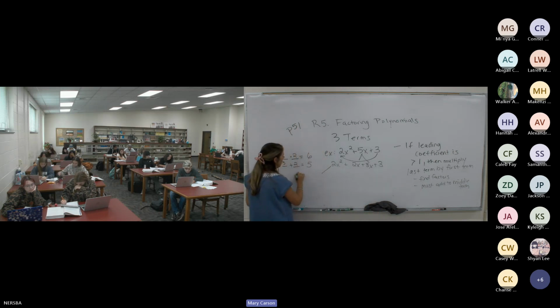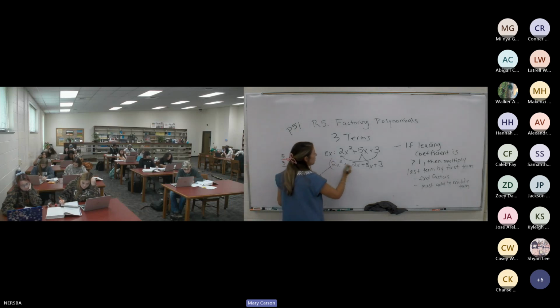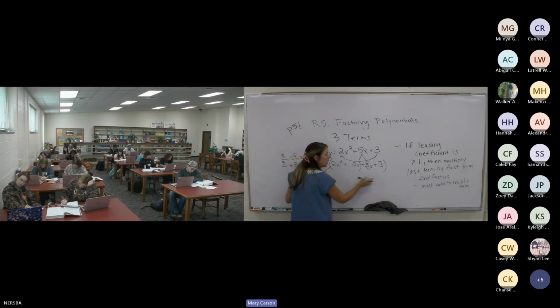For factor by grouping, you're literally just going to group two and two, and you want to pull out the GCF on both of them. So let's say I'm going to group the first two and the second two. I look at these two and ask, what is the GCF of this? The goal is to get the same thing in your parentheses, and then you pull out something. So what do these two have in common?